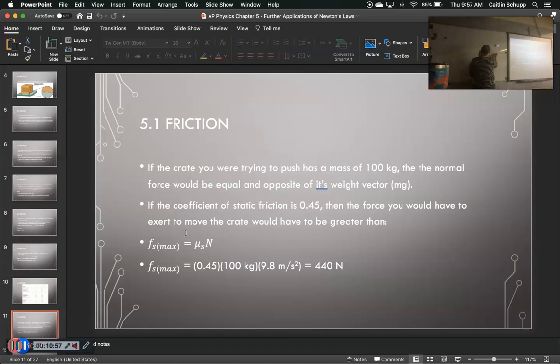If F applied is 275 newtons, what is the force of friction? 275 newtons. Okay? If F applied is 440 newtons, what is the static friction force? 440 newtons.